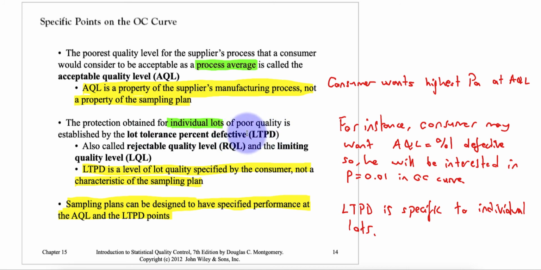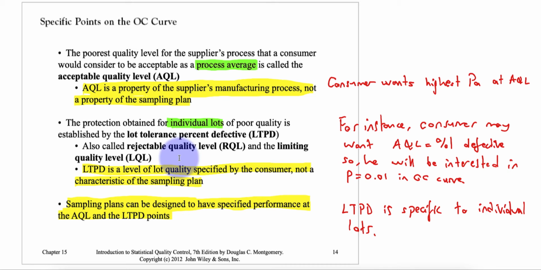It is also called rejectable quality level or limiting quality level. And LTPD is a level of lot quality specified by the consumer. It is also not a characteristic of the sampling plan. So here, acceptable quality level is the process average of the supplier, right? And LTPD is the consumer's set value for individual lots.